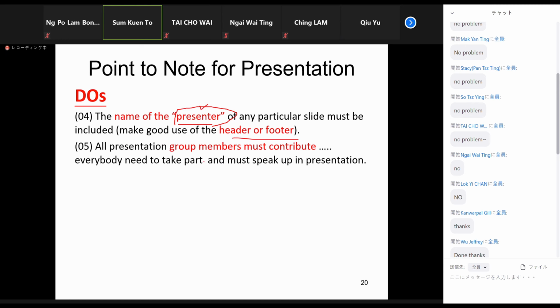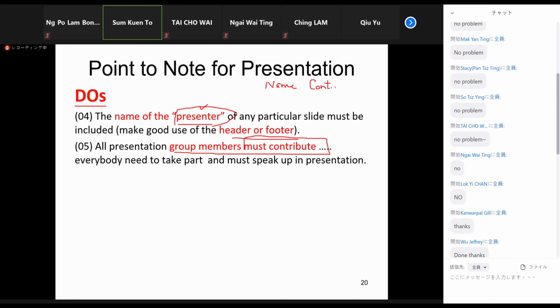All right, and then of course, don't be a free rider. All group members must contribute. And in the assessment form, you need to tell me your name in the form P, presentation, and also contribution.